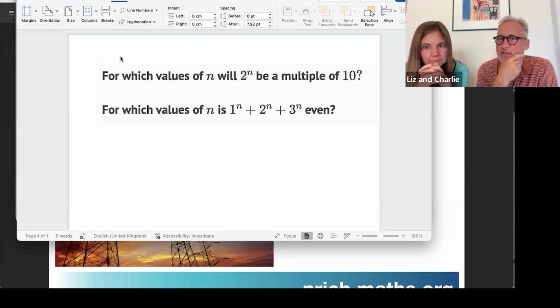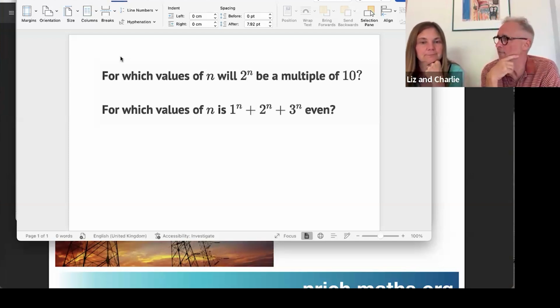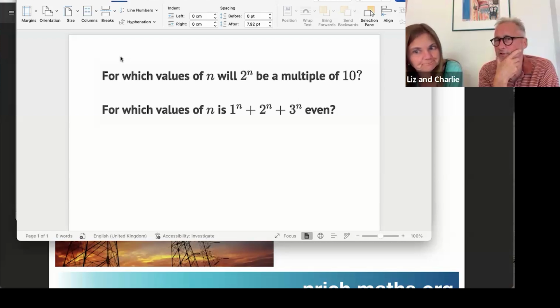So the digits in the ones place, the units column, for powers of 2 goes 2, 4, 8, 6, 2, 4, 8, 6, because you have 2, 4, 8, 16, 32, 64, 256, 512.